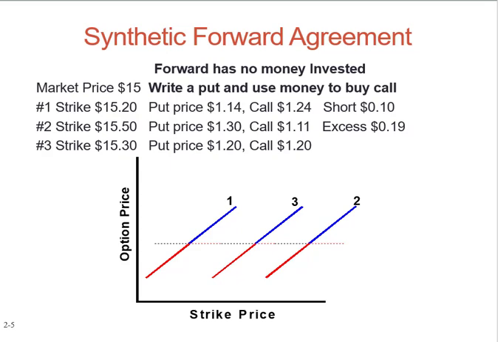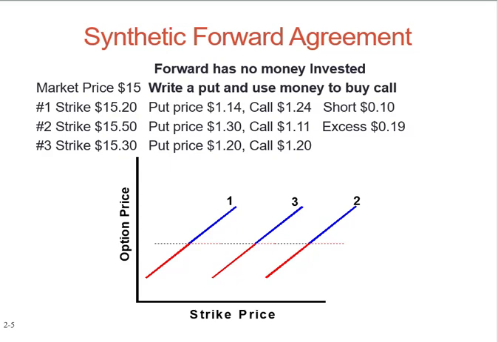We're short 10 cents. That is a synthetic forward, but not exactly a forward agreement because we have to put in 10 cents. If we go to 15.50, we're going to have a put price of $1.30, which exceeds the call price of $1.11. We have 19 cents extra. Again, it looks like a forward agreement, but we have extra money coming in. This is not a true synthetic forward agreement.